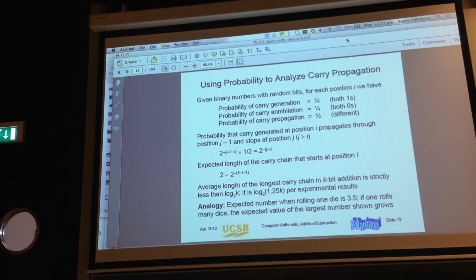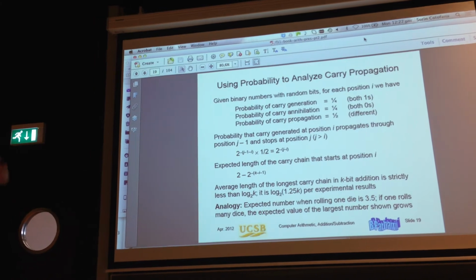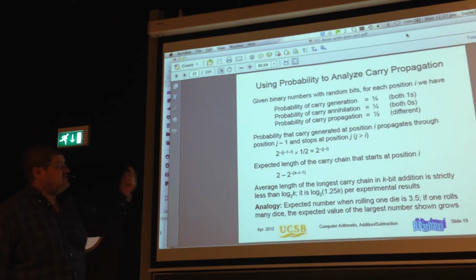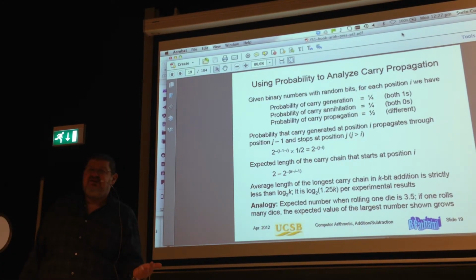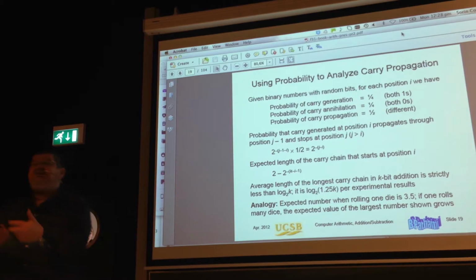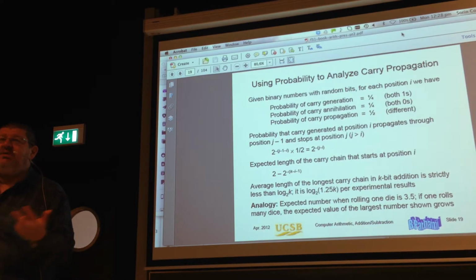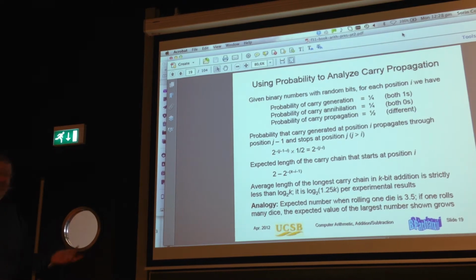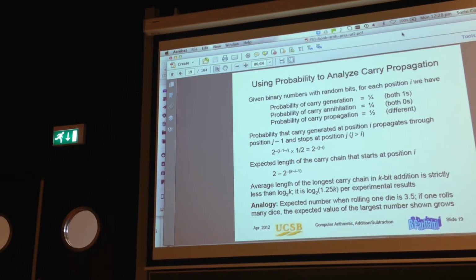Now, in each position, I have 2 bits, which can be 0, 0. Now, the probability that both of them are 1 or are 0 is 25%. I'm assuming uniformly distributed probabilities for the bits. The probability that they are 0, 1 or 1, 0 is 50%.